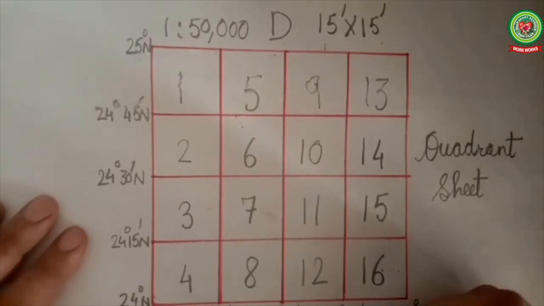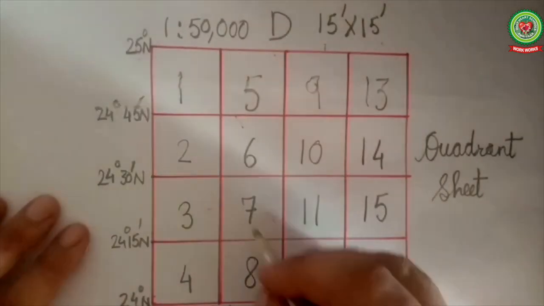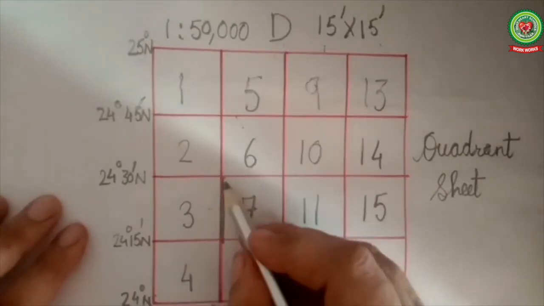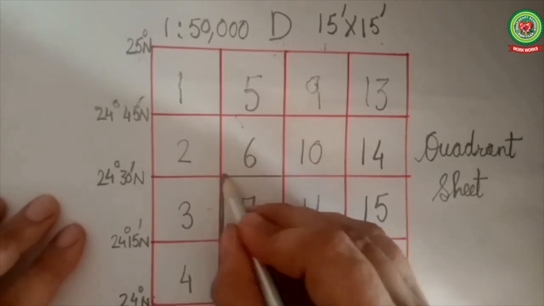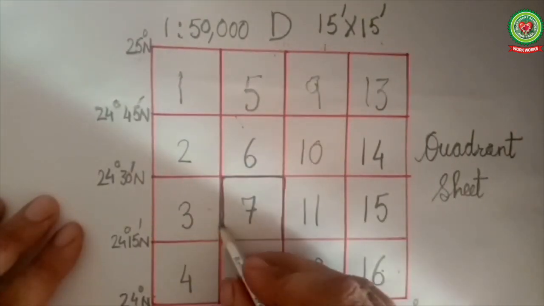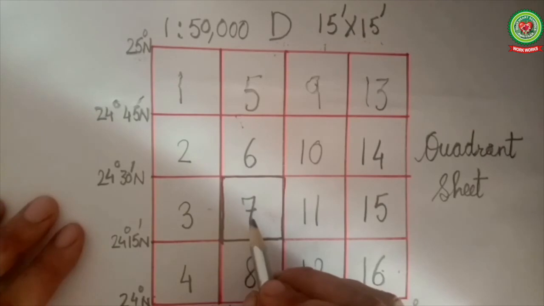Now we will pick up a place of district D. Suppose 7 is an important tourist place of district D of Rajasthan. So we have picked it and numbered it as 7.